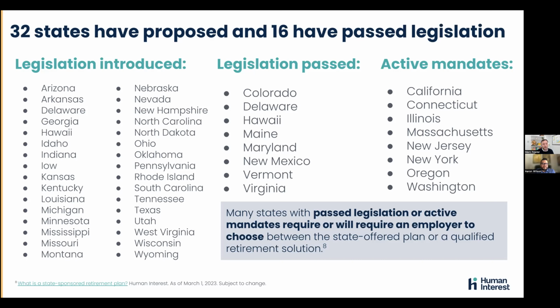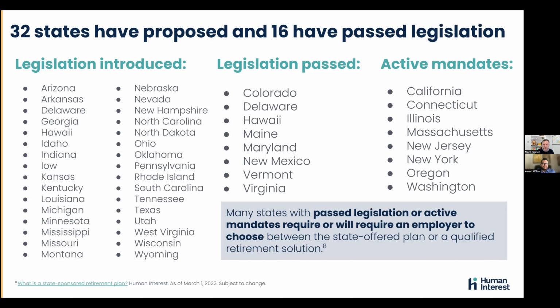So if you have employees in these states, you want to be very, very clear about whether you meet mandate requirements. For instance, if you had anyone working remotely in California, and you had more than 5 people in the state of California paying their taxes, you would be falling under the California state mandate. Okay.